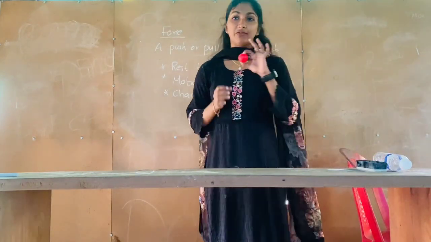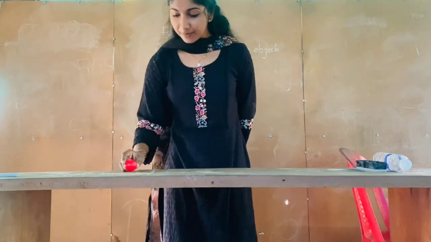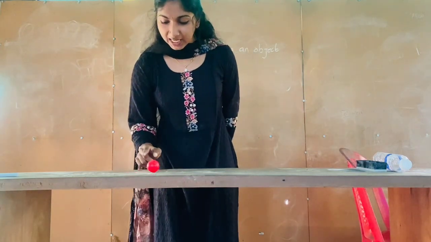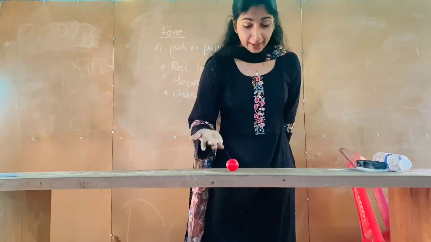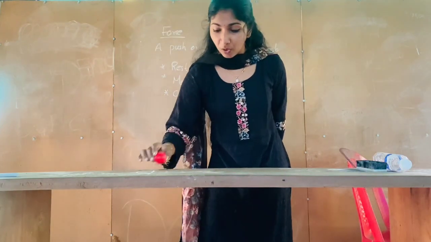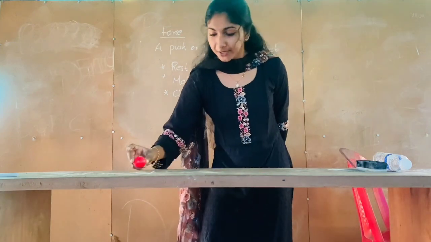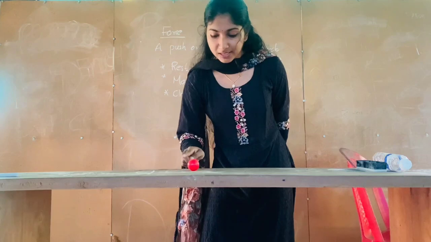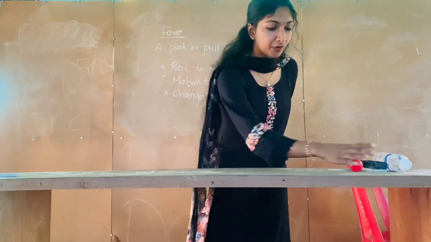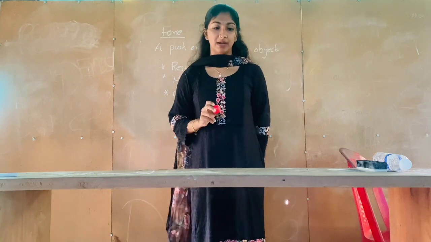The fourth effect is, again consider this ball. This ball is initially moving with a small speed. If I apply a force on this ball, we can increase the speed of the ball.